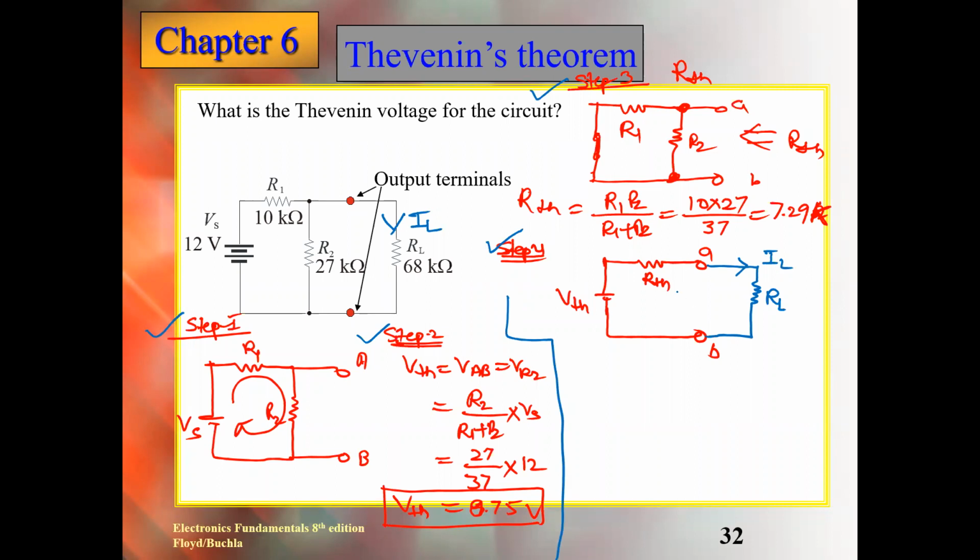The Thevenin circuit which you got after step 4 is a simple series circuit. So IL is equal to VTH, total voltage, upon total resistance. Am I right? Yes. So how much is VTH? 8.75 over total resistance, RTH plus RL. RTH you calculated as 7.29, and this is 68 point something, and by the way, this is in kilo. So be careful.